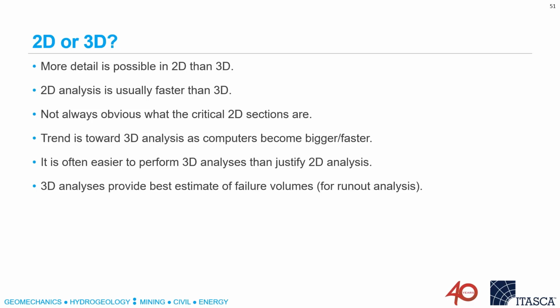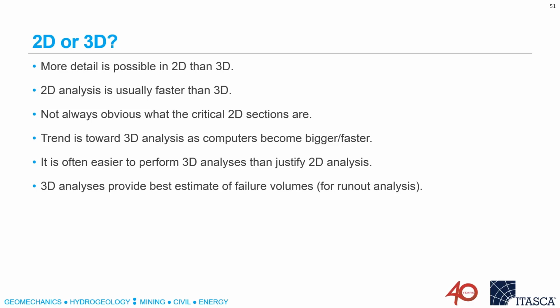A few more points about this. Certainly we can put more detail into 2D versus 3D analysis, and they're going to run faster. But what I found is it's not always obvious what the critical 2D sections are. You can look at them, but it's just your kind of intuition, and I've found my intuition has been wrong more often than right. As I said, the trend is toward 3D analyses.